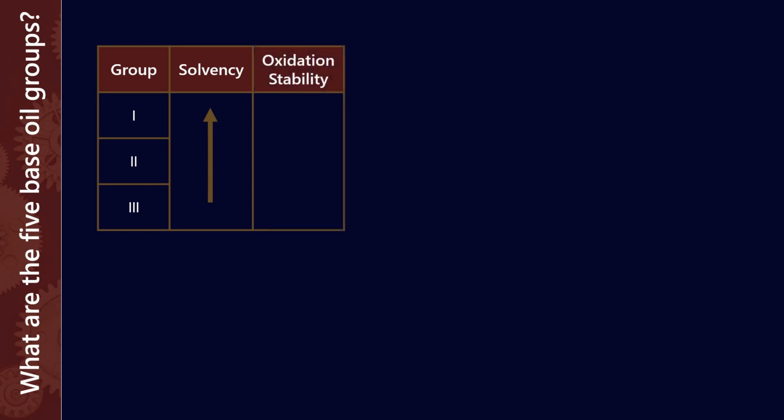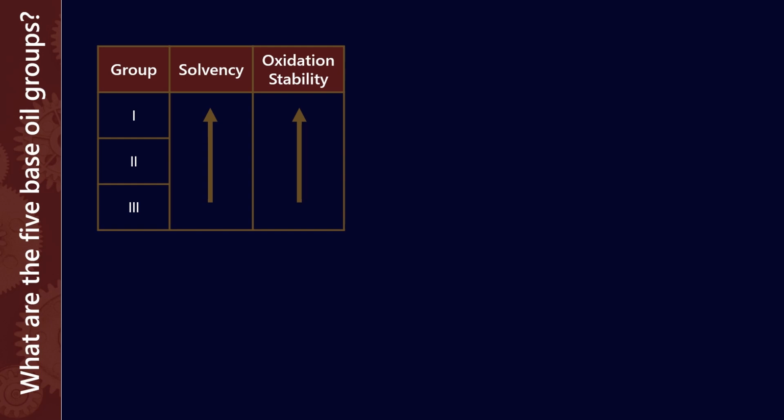Oxidation stability. Now, this one's a bit of a tricky one. So, the amount of sulfur, and specifically aromatic sulfur, within a base oil kind of gives it some inherent oxidation stability.